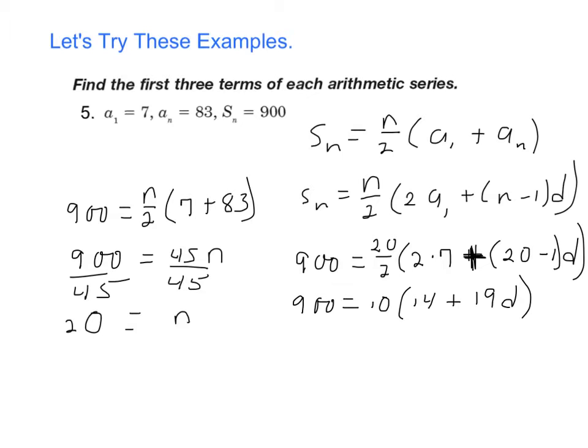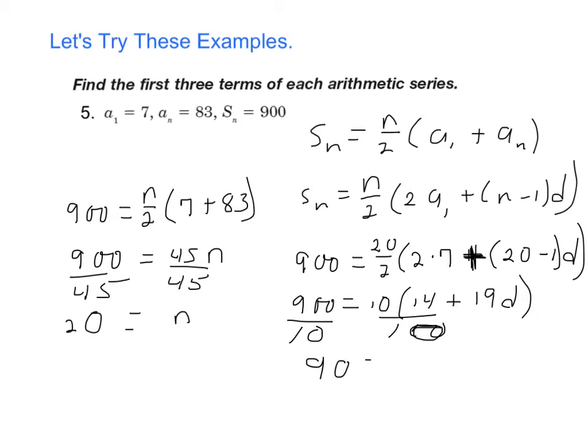Now, next I'm going to unwrap this equation. Okay, so I could distribute this in right here first, but I don't think I want to. What if I were to divide both sides by 10 instead of distribute it in? That would save us a few steps. So I'm going to divide this side by 10, divide this by 10, and I get what?